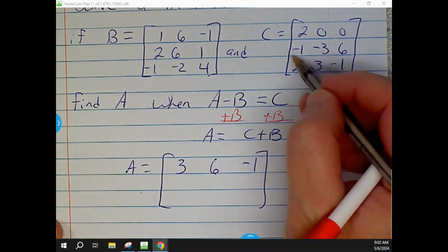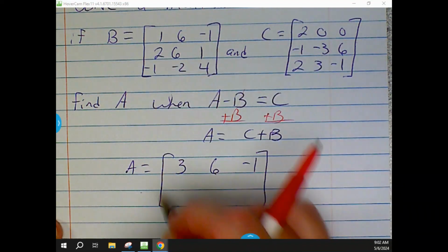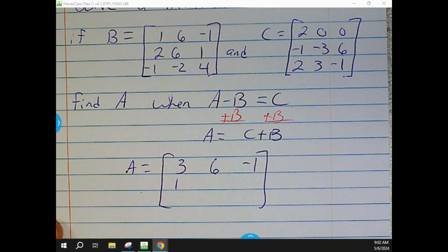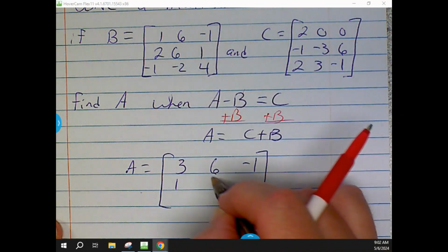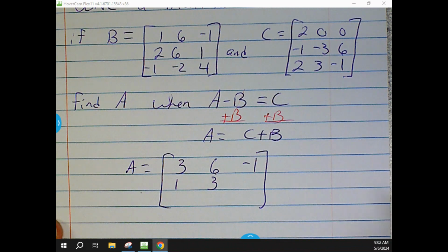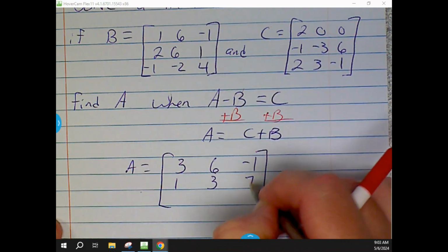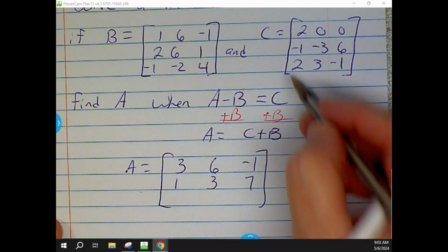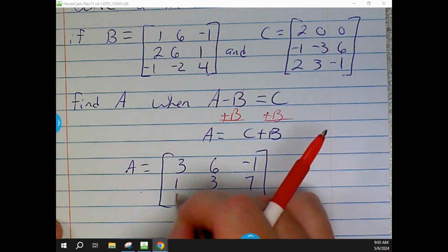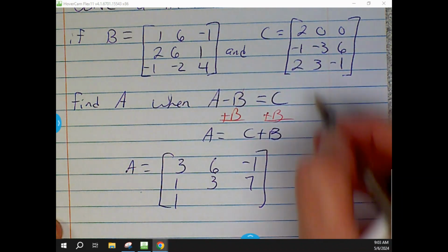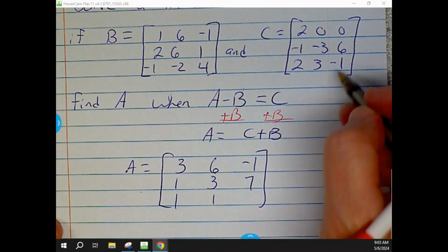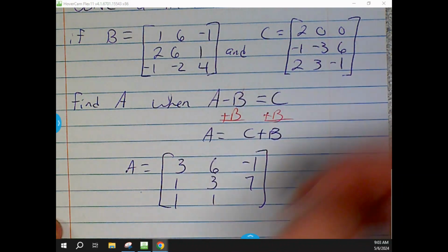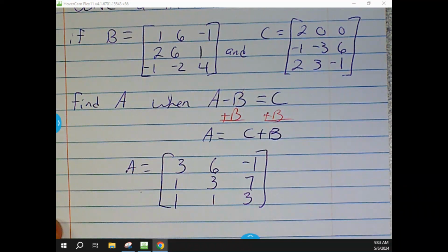It's -1 plus 2, which is 1. It's -3 plus 6, which is 3. It's 6 plus 1, which is 7. It's 2 plus -1, which is 1. It's 3 plus -2, which is 1. And then -1 plus 4 is 3.